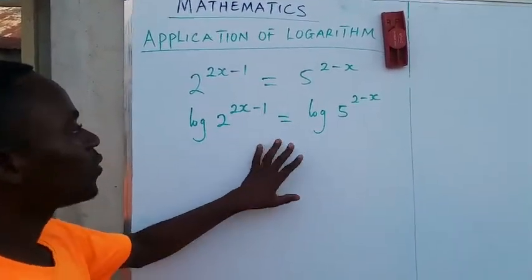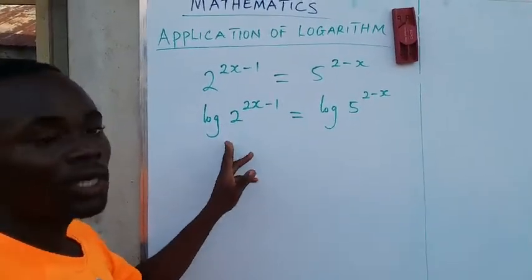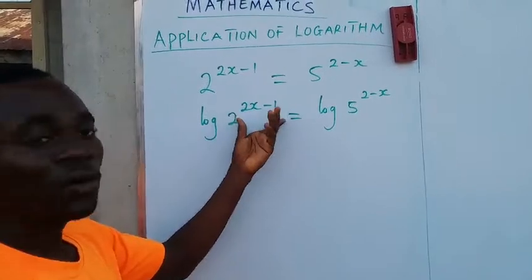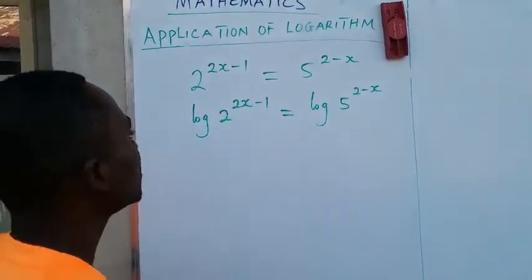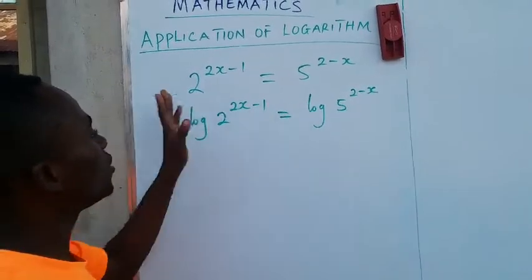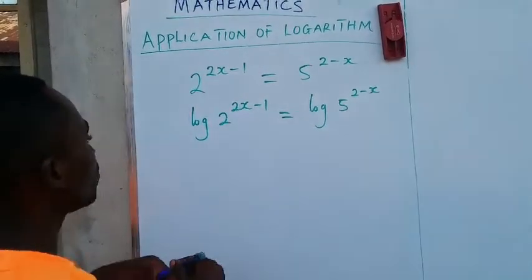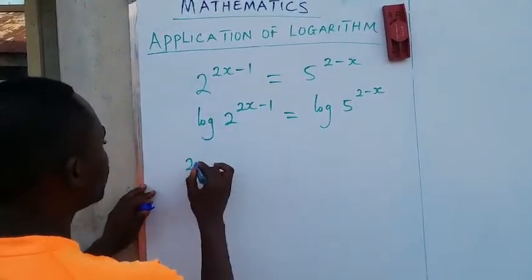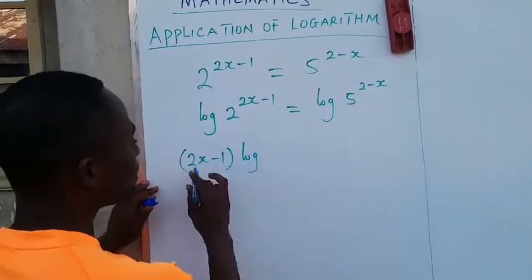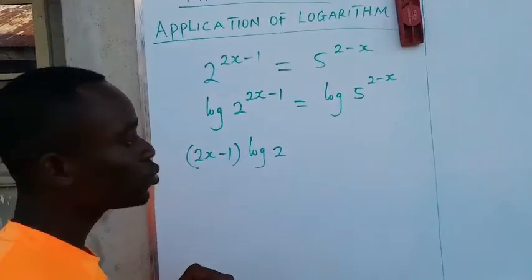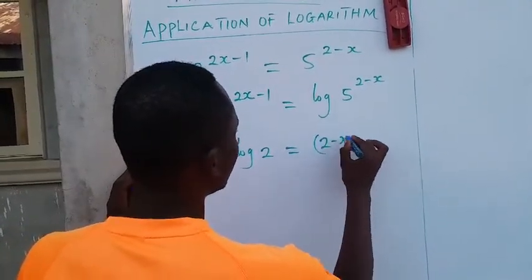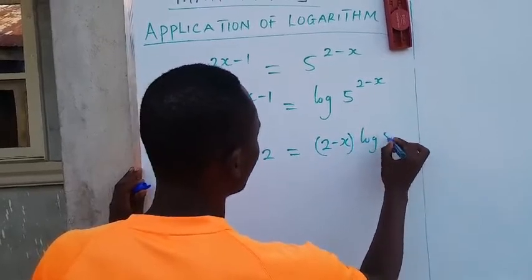Now, from the laws of logarithm, we know that a logarithm raised to a given power can be written as the logarithm multiplied by that particular power. So the power of this, the argument of this logarithm, which is 2, can be taken to multiply the logarithm, so that we have this power 2x minus 1 multiplying this logarithm, that is 2x minus 1 into logarithm of 2, to be equal to 2 minus x into logarithm of 5.